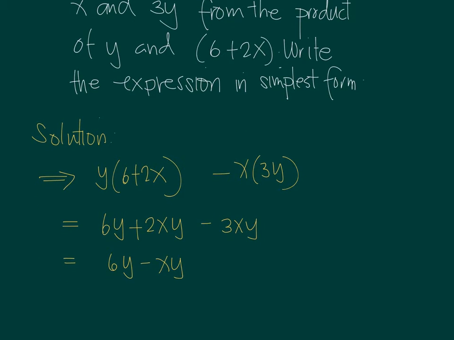And from here, all you have to do is combine like terms. You have 6y, but 2xy minus 3xy, so 2 minus 3 is negative 1, so you have negative 1xy, or simply negative xy. So this is the final answer.